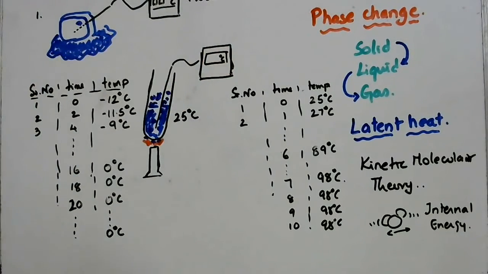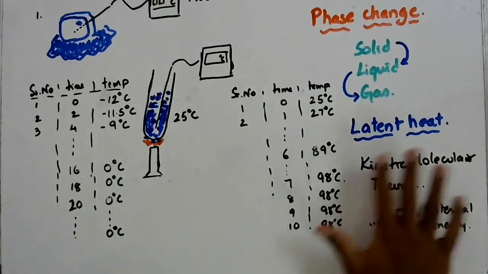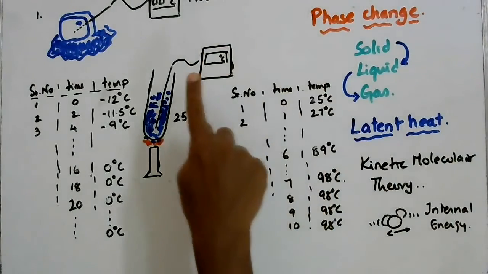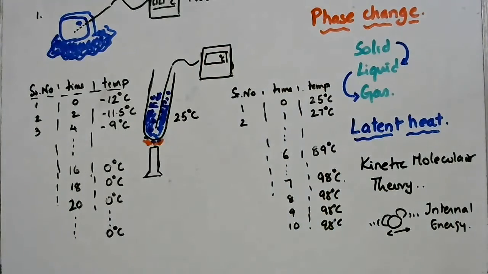So obviously what is not happening, according to our understanding of kinetic molecular theory, is that the internal energy is going up, because if the internal energy of the substance were going up during phase change, then a temperature change would be registered. So since that is not happening, we can conclude that the internal energy or the kinetic energy of the molecules is not going up. Then what else is happening?